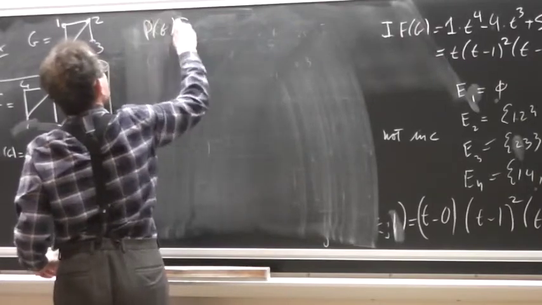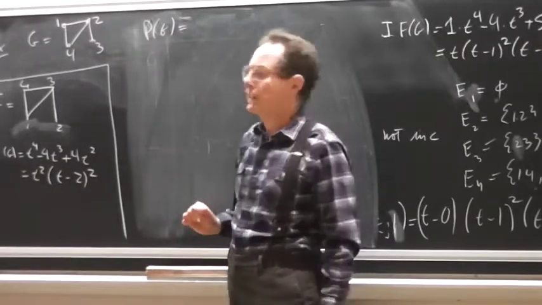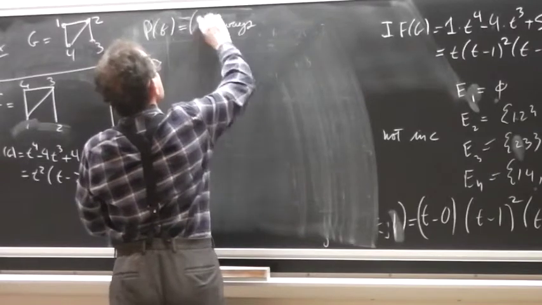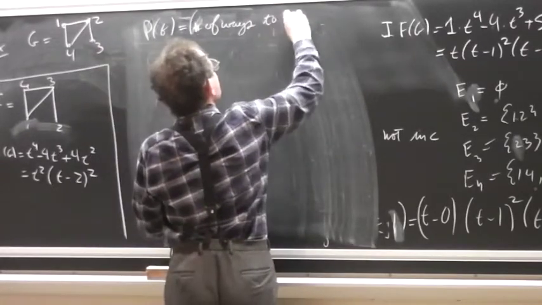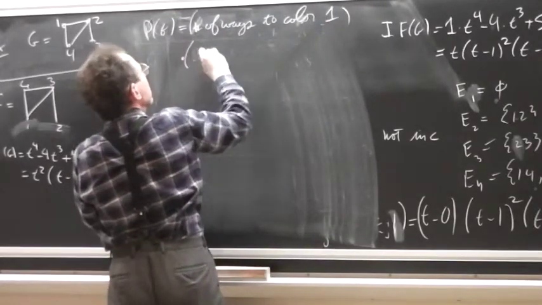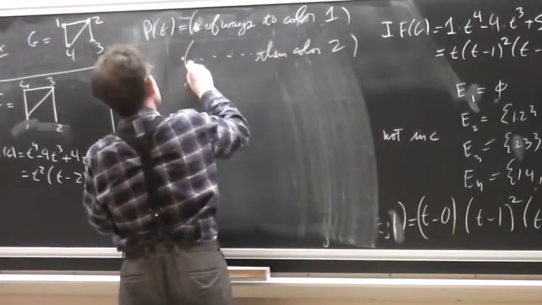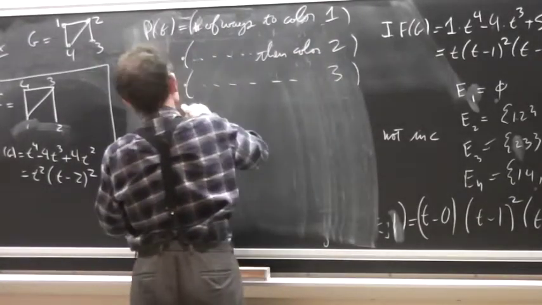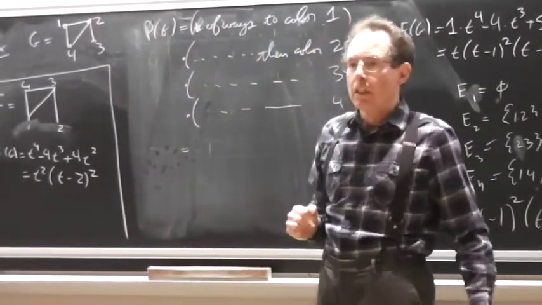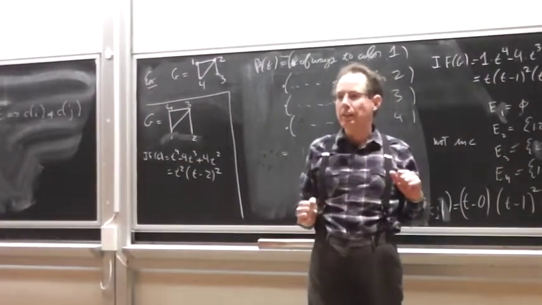Well, this graph is simple enough that I can do the following. I'll just go from vertex to vertex and color the vertices sequentially. So it's the number of ways to color vertex 1, times the number of ways to then color vertex 2, and then times the number of ways to then color vertex 3, and so on, just going around the graph and coloring each vertex. When I go to my first vertex, how many choices do I have for the color? T, right?